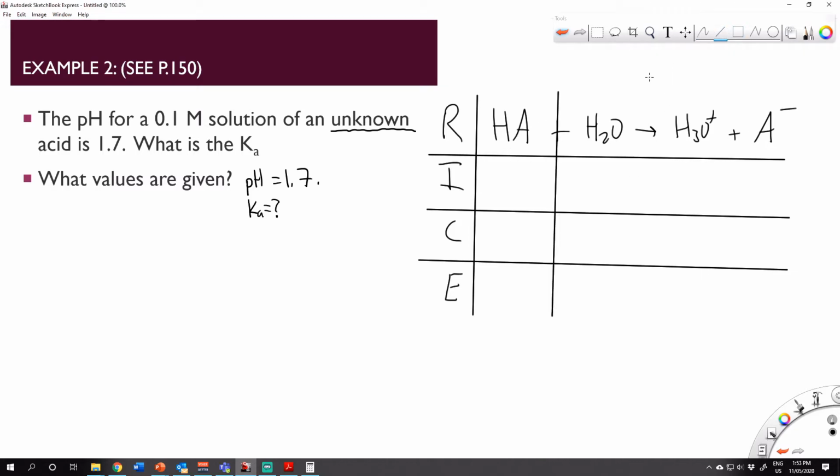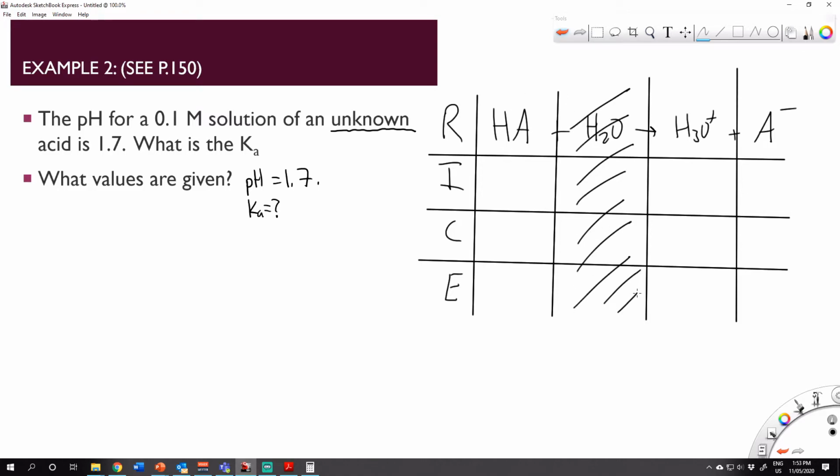Now, as you're filling this table in, you might actually notice something that's really interesting. Obviously, the H2O doesn't matter in our calculations because it's water. It's a liquid. Liquids don't affect equilibrium. We don't know what the concentration of my acid is, so I'll call it... Oh wait, no, we do know what the concentration of the acid is. It tells us right here, 0.1. This starts off at 0.